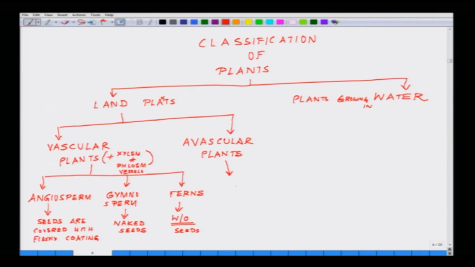So avascular plants include mosses and liverworts. And that's what classifies the different plants which are found on land. Whereas on the other side, when we are talking about plants growing in water, they mostly fall under the seaweeds.